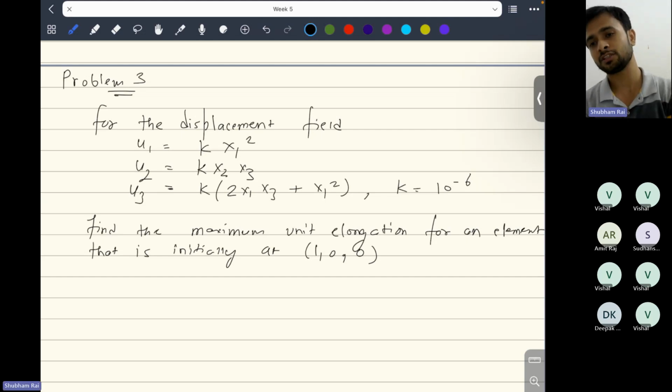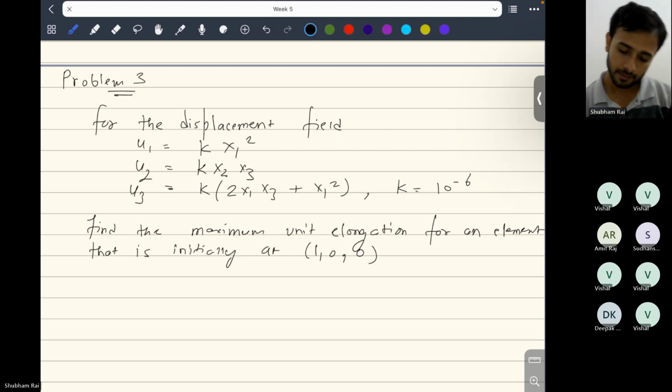Maximum unit elongation means you need to find the maximum value of the principal component of the strain. The principal component of the strain denotes the longitudinal components, and the maximum among those principal values will denote the maximum unit elongation for this element.